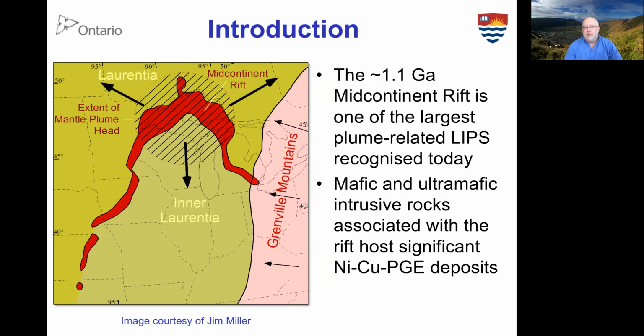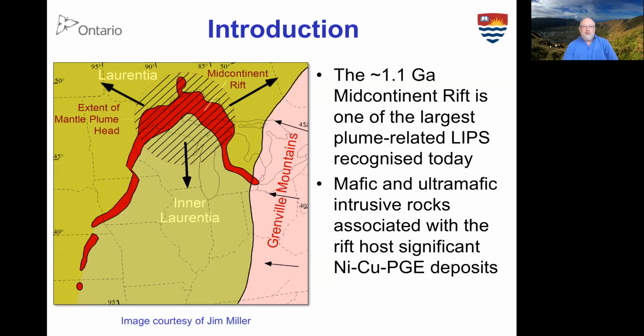And some of those rocks host nickel copper PGE deposits. It's one of the biggest LIPs that we recognize. It's also got some of the least known mineralization. There are deposits around, there are some good exploration targets, but to date, the only mine in the rift is a relatively small operation called Eagle.